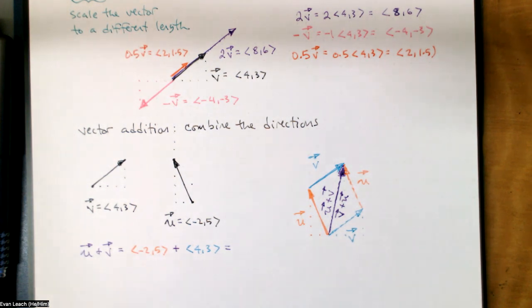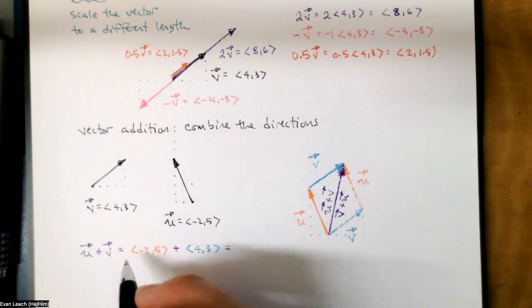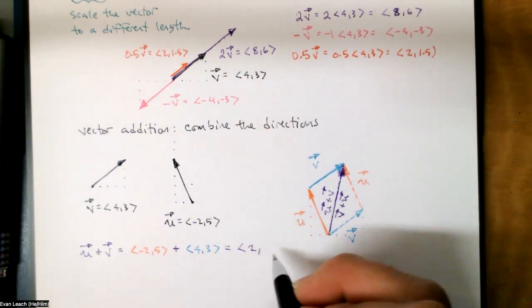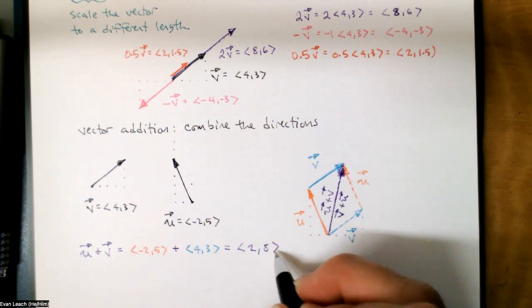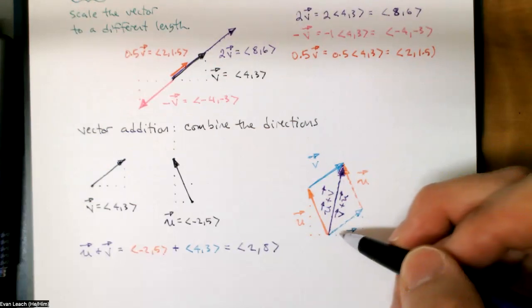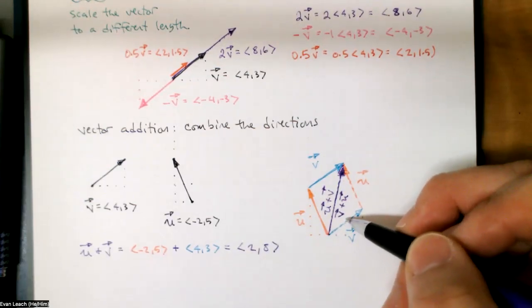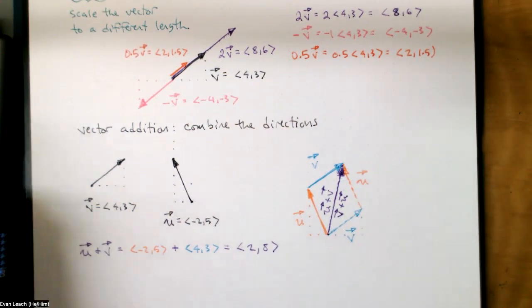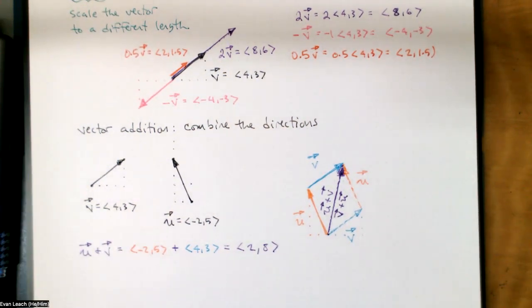Add the corresponding components. -2 plus 4 is 2. 5 plus 3 is 8. So that's this u plus v, v plus u vector. It's 2 and then 8. When we do vector addition, we are combining the directions.